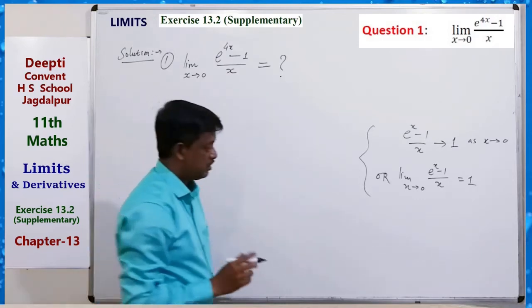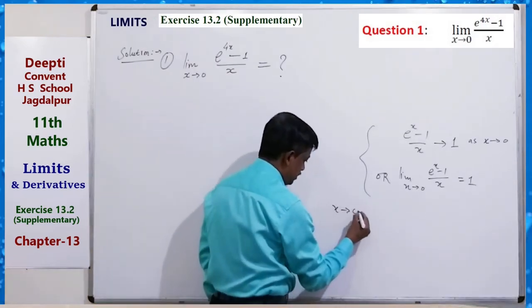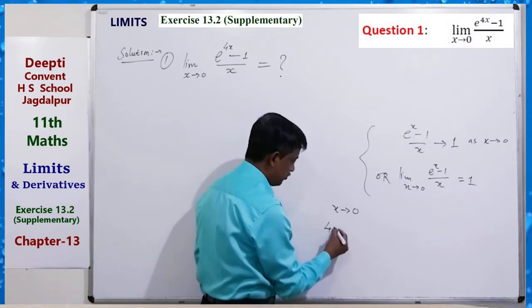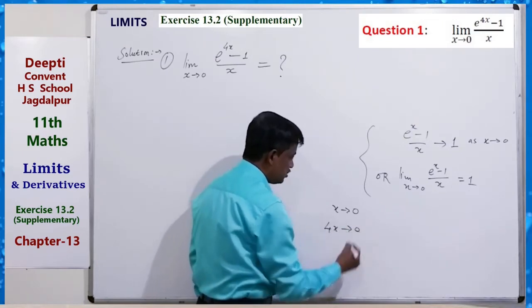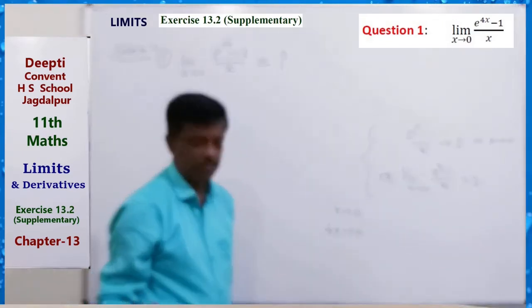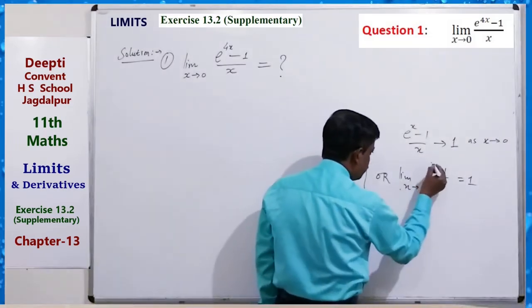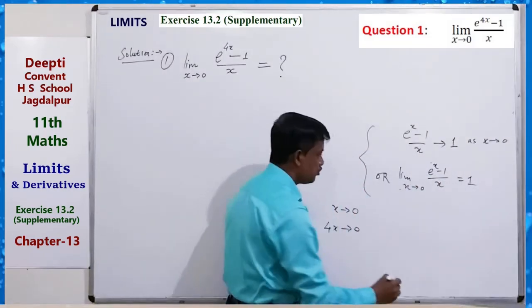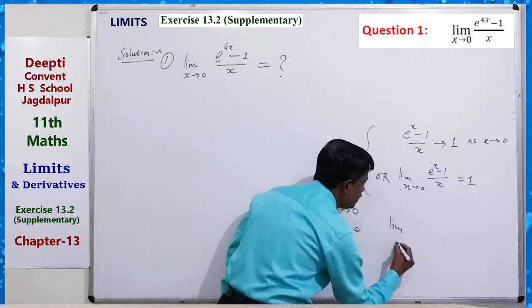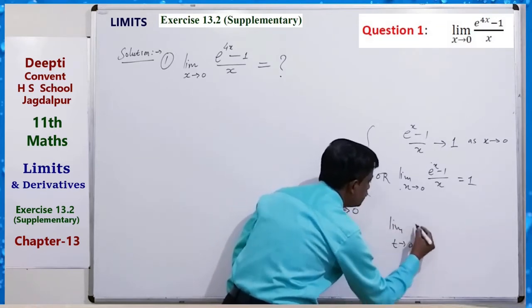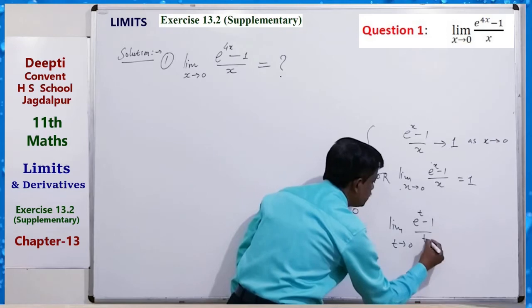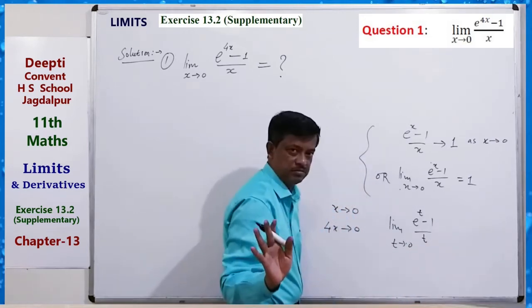So our target is what? If x tends to 0, then 4x also tends to 0. Because in three places there is x, we can also write it like this: limit t tending to 0 of (e to the power t minus 1) upon t. The same thing will be there.